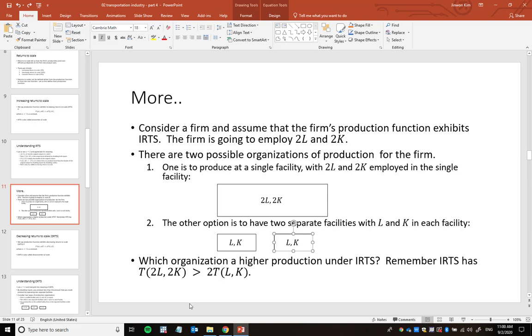In that way, you can be more productive and produce more by setting up this large factory. That's why there is increasing returns to scale. It makes sense to define it in this way.